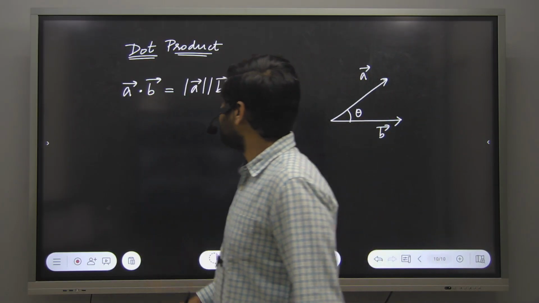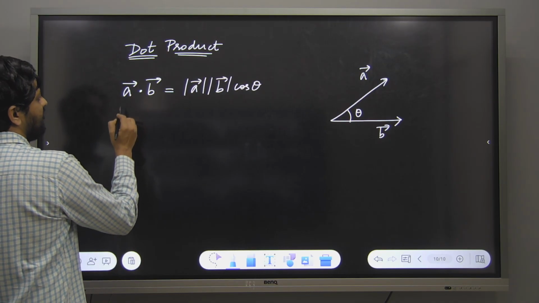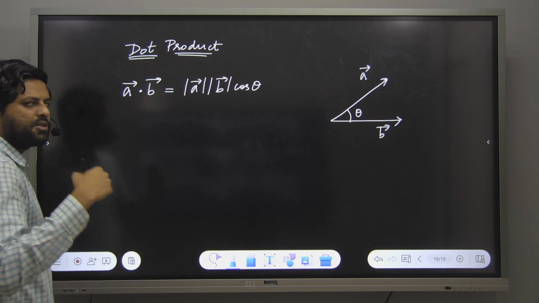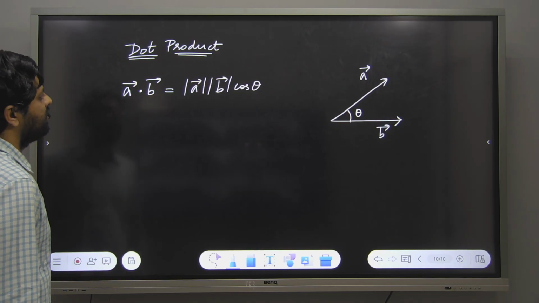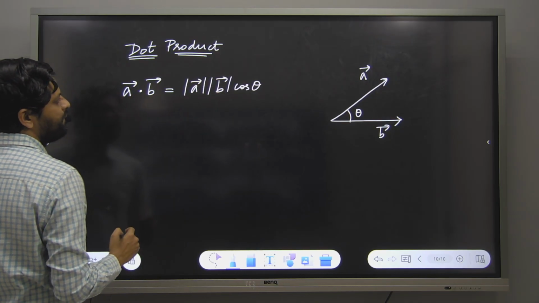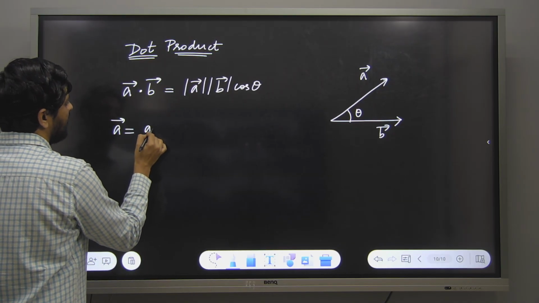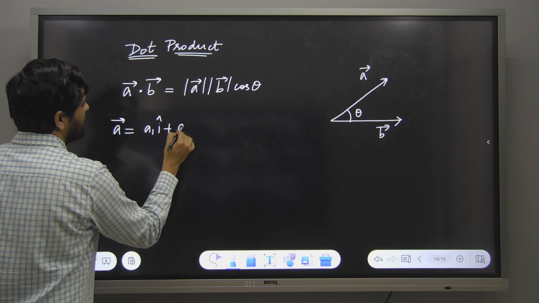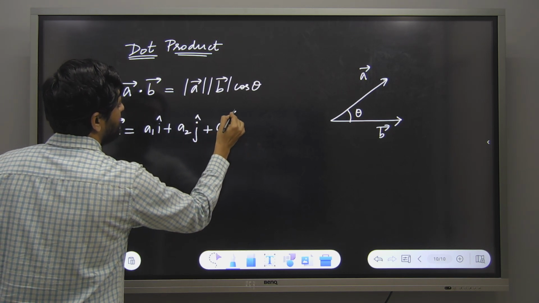So when I say A dot B is equal to magnitude of A into magnitude of B, A is the position vector of vector A, and B is the position vector of vector B. How do we find the magnitude of A and B, as I told you? Say vector A is A1 i cap plus A2 j cap plus A3 k cap.